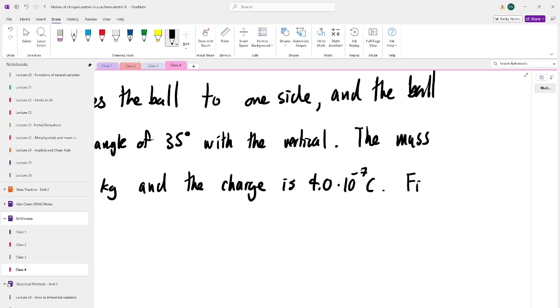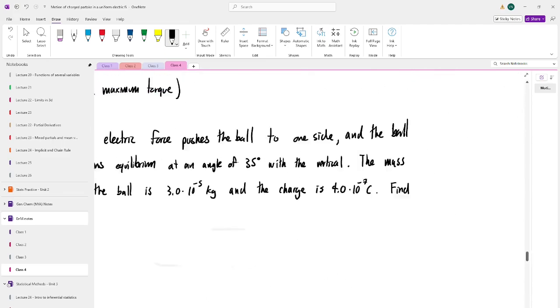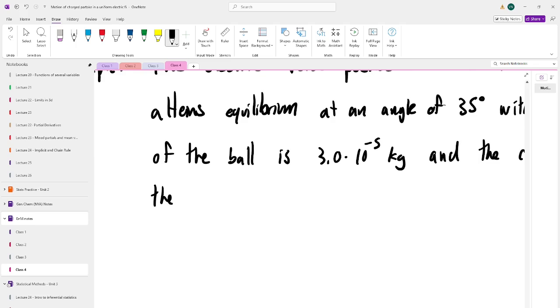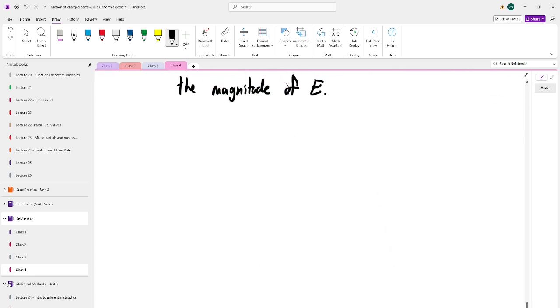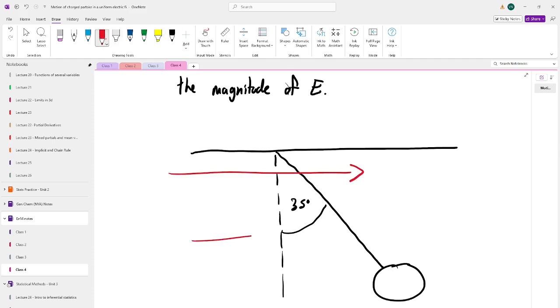They're asking you to find the magnitude of E. And they give you this illustration here. They tell you that's 35 degrees, and then it's telling you that the E field is coming in like that.